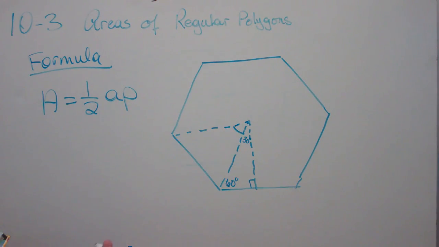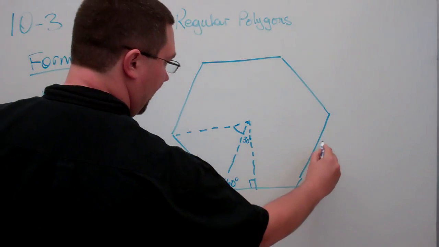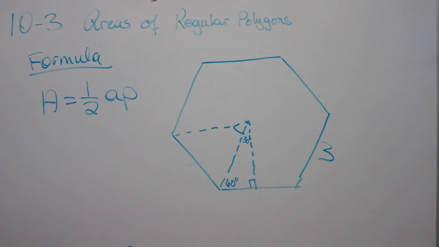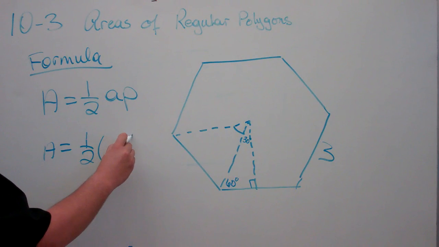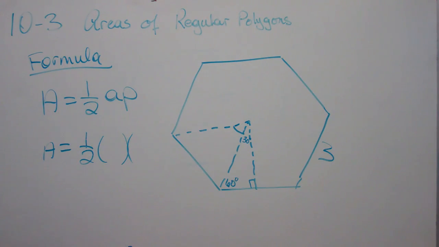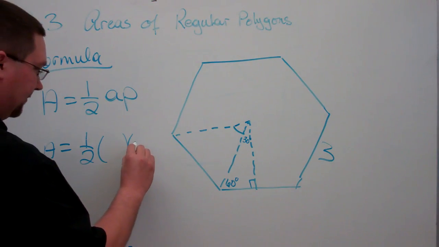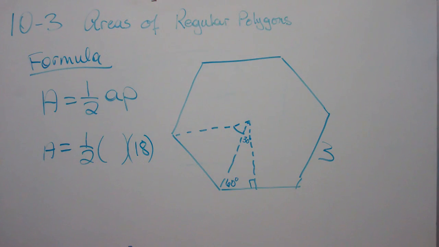Now, say the length of one of our sides is 3, and we want to find the area of the polygon. Well, it's 1/2 our apothem, which we don't know yet, but we can figure out our perimeter. Since we have 6 sides and one side is 3, 6 times 3 is 18. So our perimeter is 18.